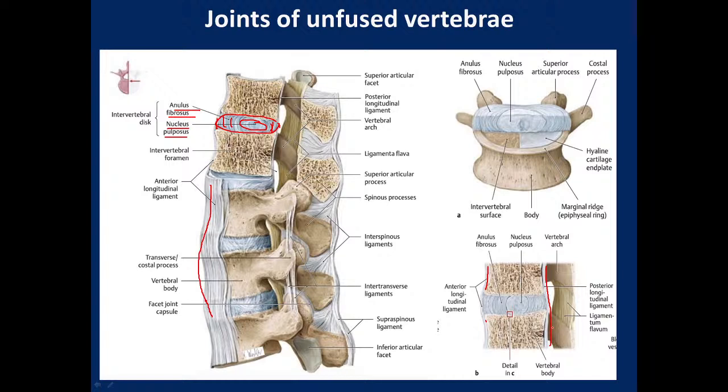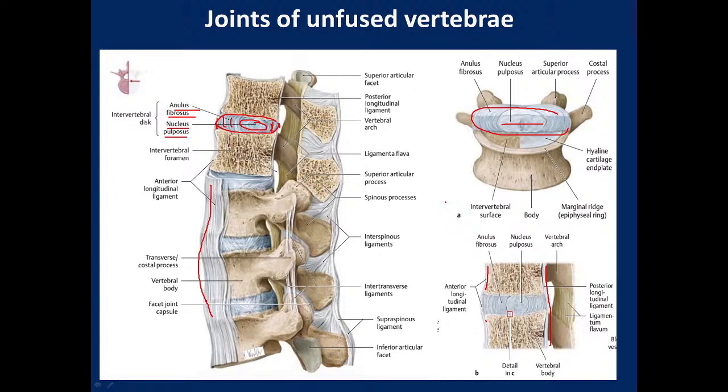And also we could find a cartilaginous structure in some intervertebral discs, with a split inside. Then we call this intervertebral disc a symphysis. Maybe you remember that.